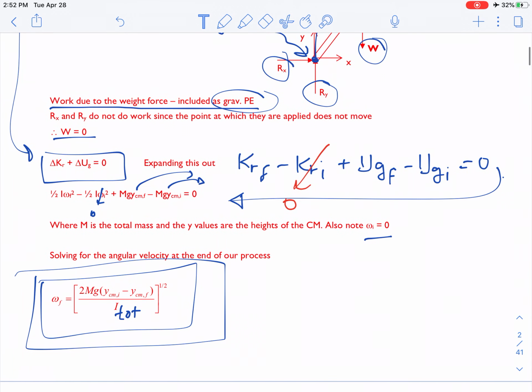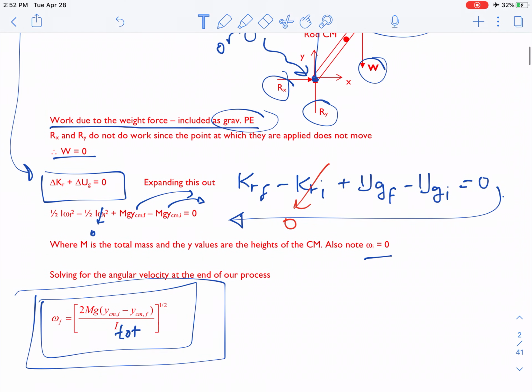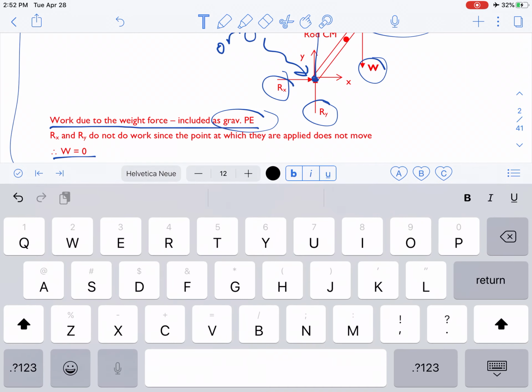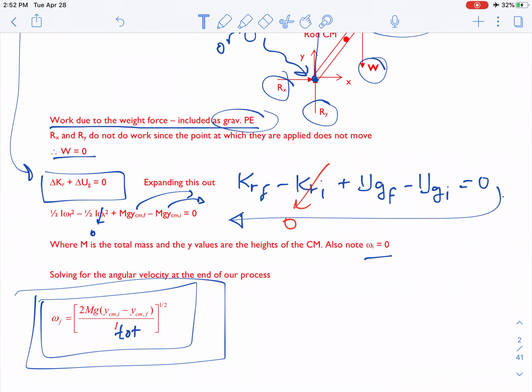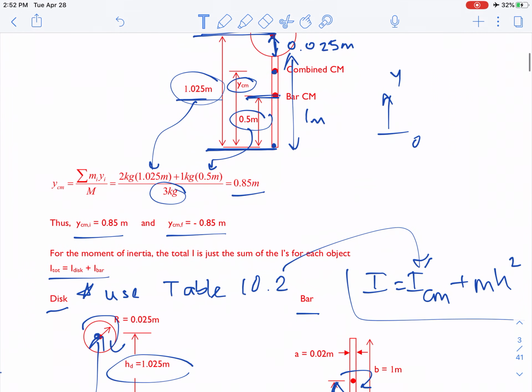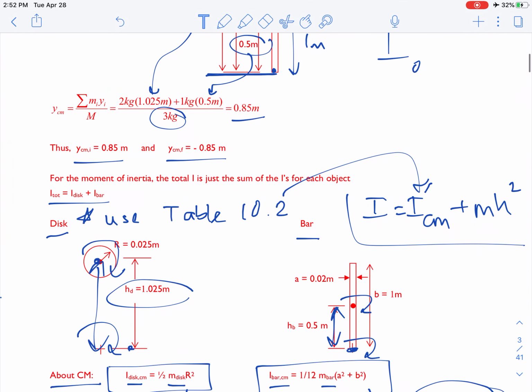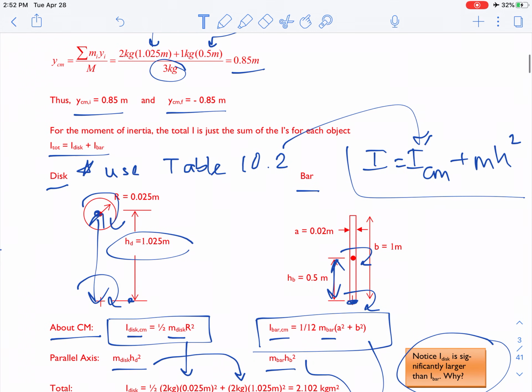For a combined system like this, you have to think about center of mass as we did in the gravitational potential, and the inertia in the rotational kinetic energy is also the combined inertia. So we had to use table 10.2 too, but what we got from there wasn't enough.